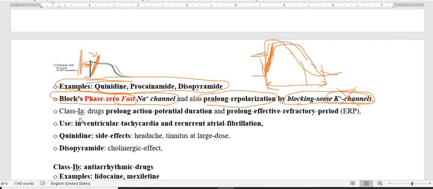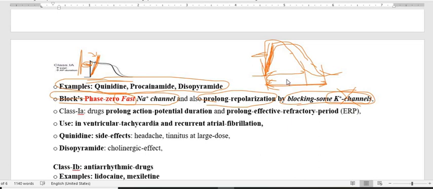So the 1A drug prolongs the action potential, because initially the action potential was here, and now it changes up to here because of the delay in depolarization from closing of the sodium channel, and also the prolonged repolarization from blocking of the potassium channel.